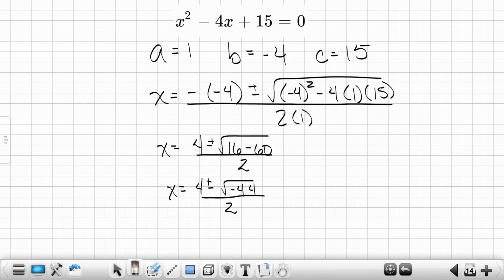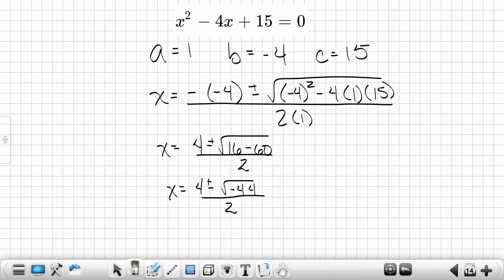All right, guys, so we need to reduce the square root of negative 44. If we have a square root under a negative, what does it have? I. And then 44, does it have a square inside of it? 4 is the biggest square inside of 44. 4 times what? 11.